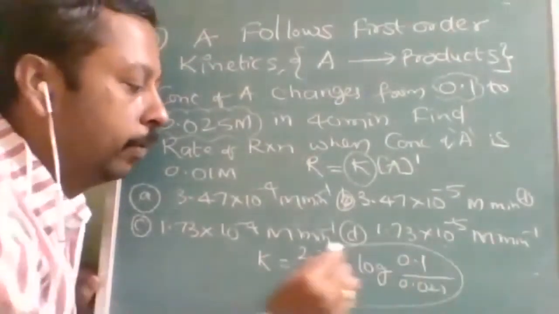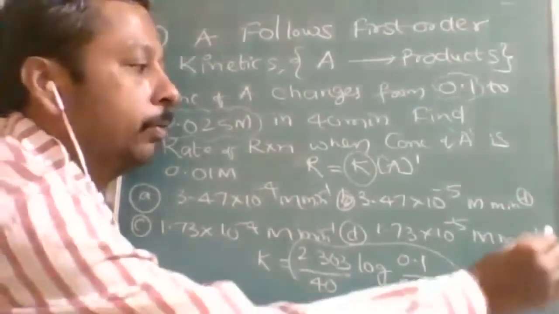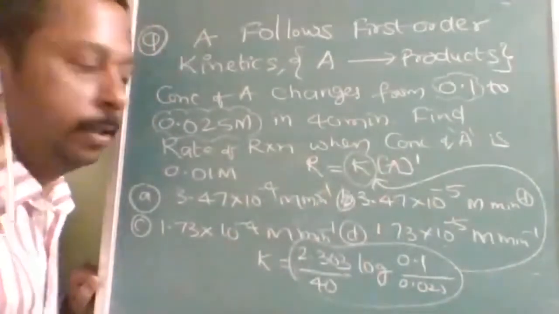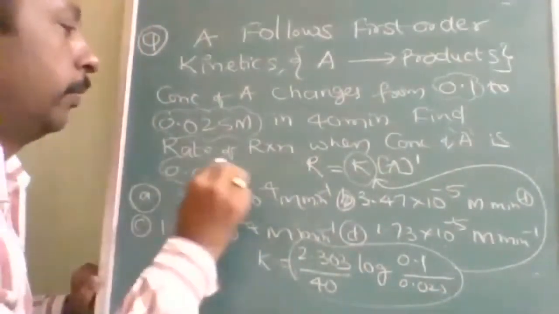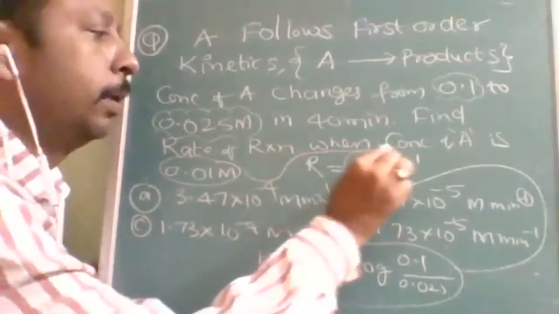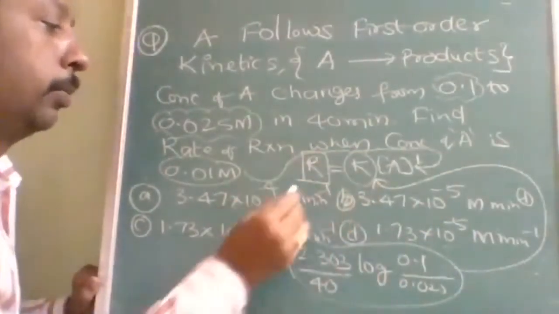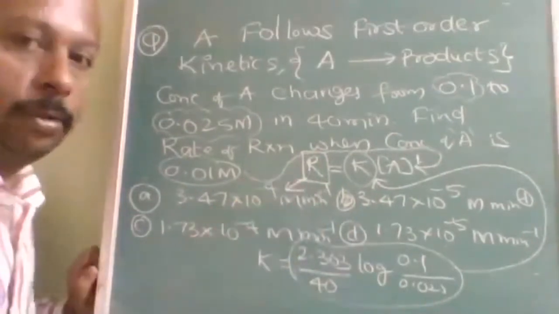By simplifying you will get K. After simplification you can put it here, and 0.01 you can put here, and R you are going to get after simplification, option A.